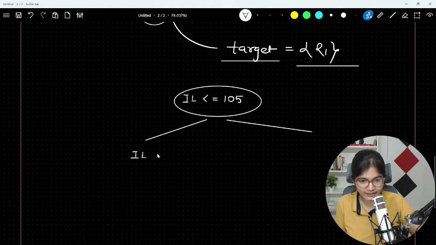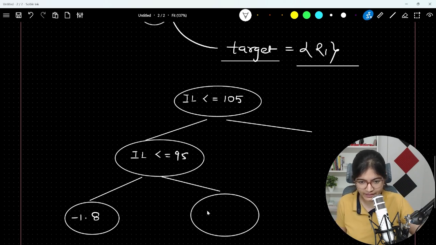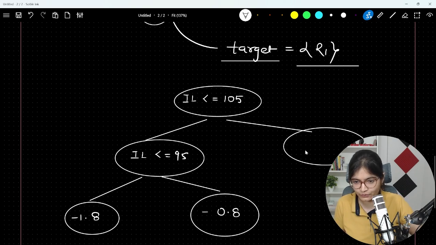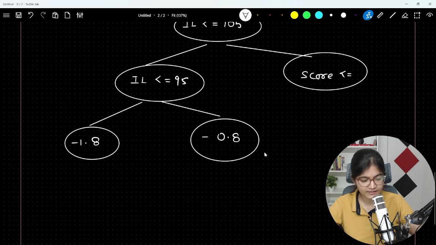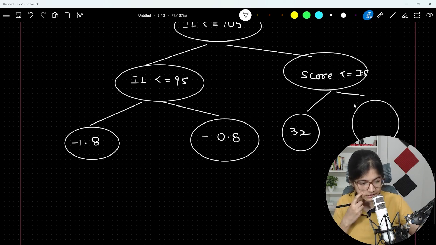If the intelligence level is less than or equal to 95, the target is the residual, so it will be negative 1.8. Otherwise, it will be negative 0.8. Similarly, here it will be compared with the score value. If it is less than or equal to 7.5, the residual will come out to be 3.2. Otherwise, it will come out to be 1.2.